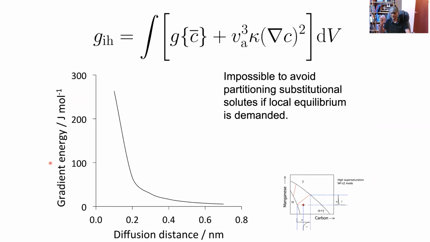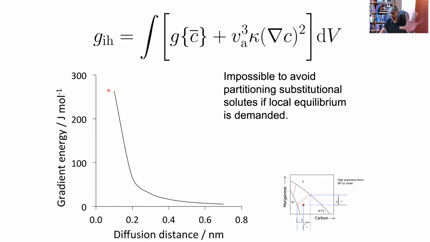That means it will oppose the diffusion process, and that's why large wavelengths in spinodal decomposition actually happen, whereas small wavelengths do not. Now notice that even at 0.1 nanometer diffusion distance, we have a huge cost in terms of free energy.